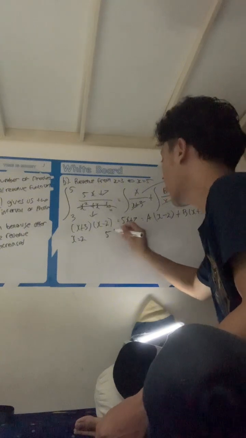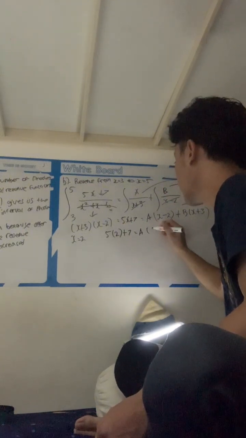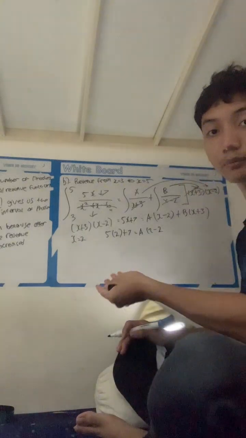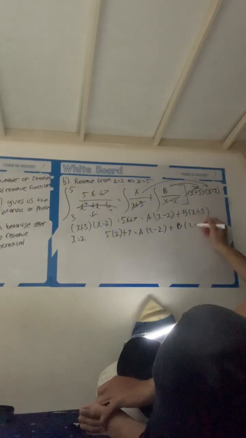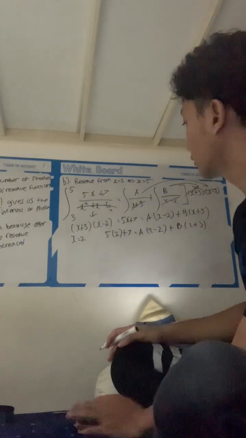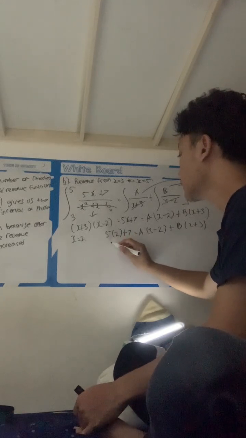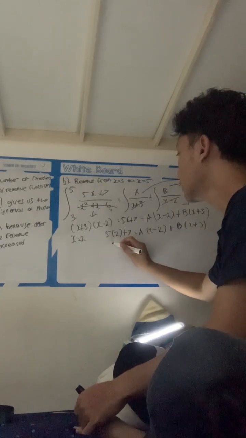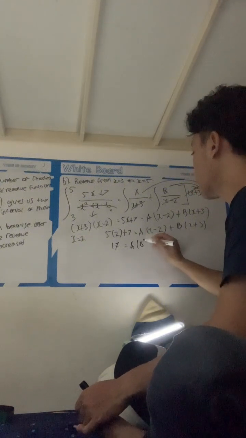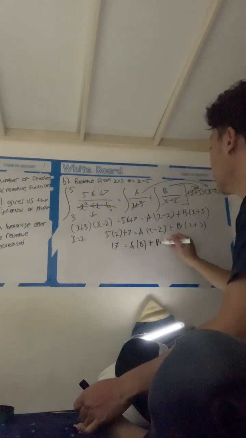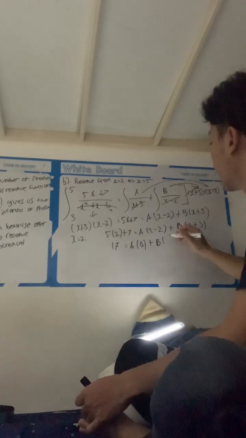If x equals 2, then 5 times 2 plus 7, which is 17. For A, the x minus 2 becomes 0, and for B, 2 plus 3 is 5.